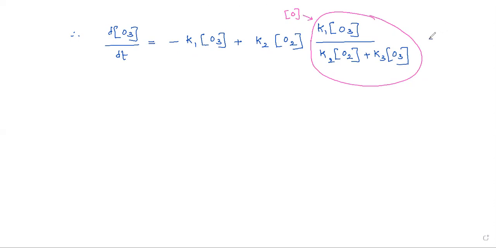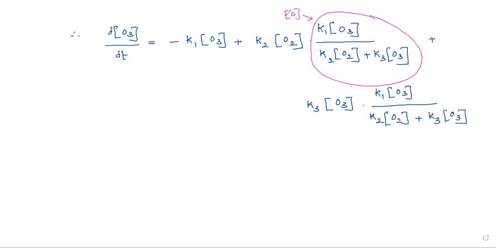And we also got minus K3 into O3 into again the same thing: K1 into O3 by K2 into O2 plus of course K3 into O3.